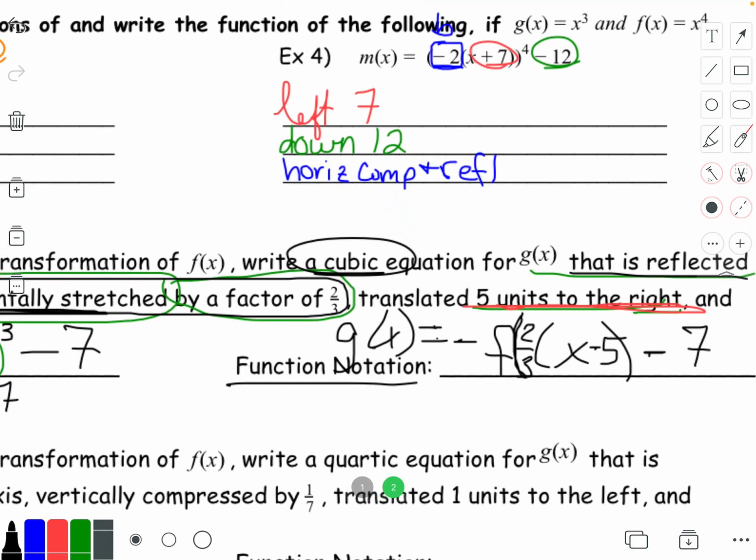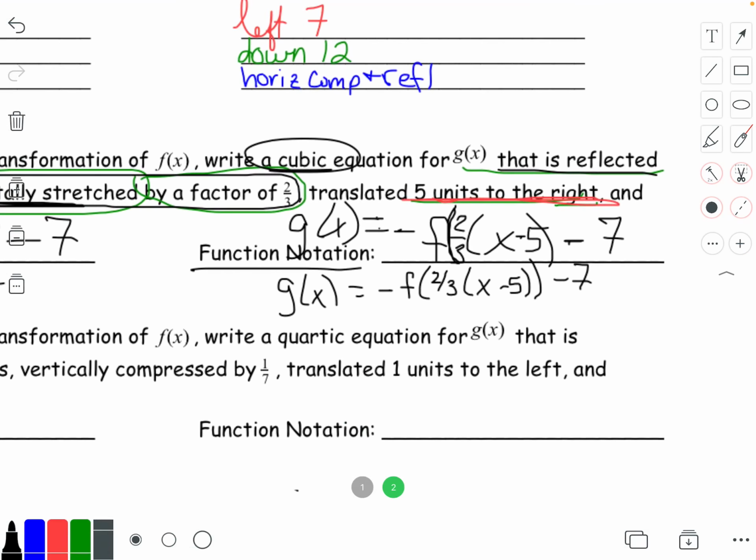Let me clean that up for you just a little bit. That is going to be g of x equals negative, that's that reflection across the x-axis, f of, and we can do this. So f of 2/3 times x -5, -7. And that's it.